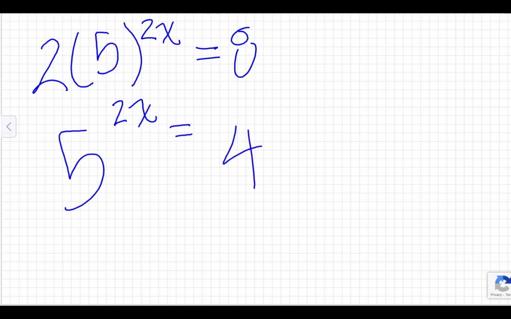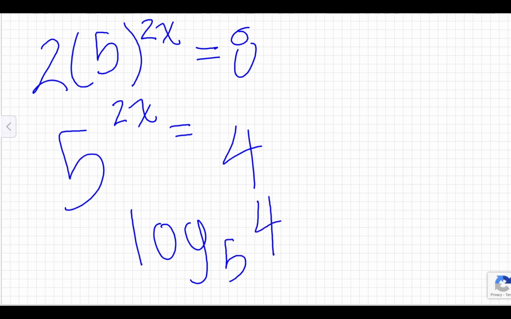Now that we have done that, we can turn this into logarithm form. In logarithm form, it would be log base 5 of 4 equals 2x, where 5 is the base, 4 is the answer, and 2x is the exponent. See how here we can't really solve it algebraically, or it's going to be really hard to solve. So that's where our calculator comes in handy.